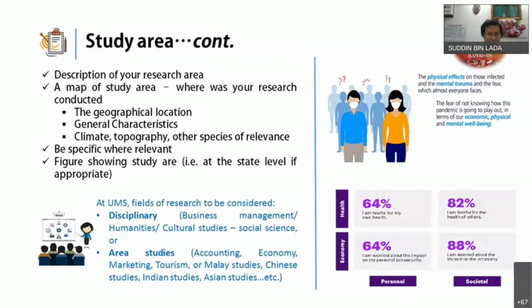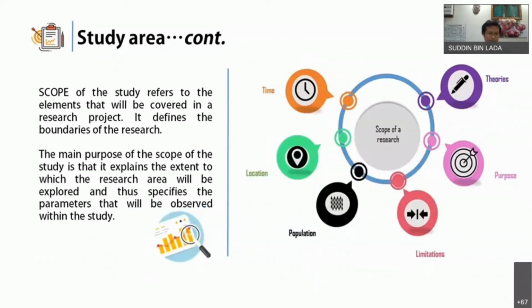I believe now in journals and articles, there are so many articles published on coronavirus, even in our areas, management, accounting, marketing, and all that. So I move on again. When we talk about study area, there is an element of scope.